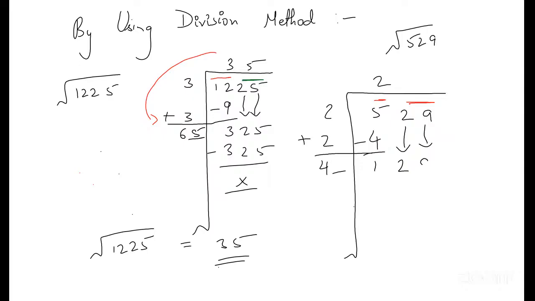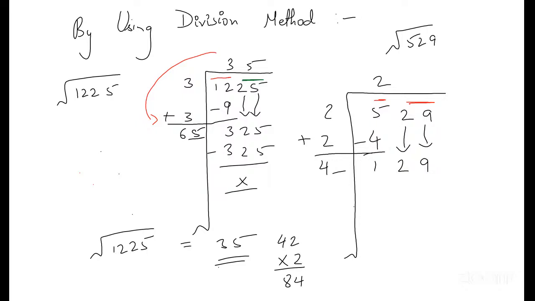Now what number should I write in front of 4 that when I multiply it with that number itself, it will give me 129? I have to find out. We can try out with 2. 42 into 2: 2 twos are 4, 4 twos are 8.